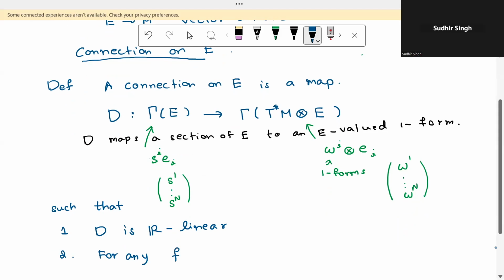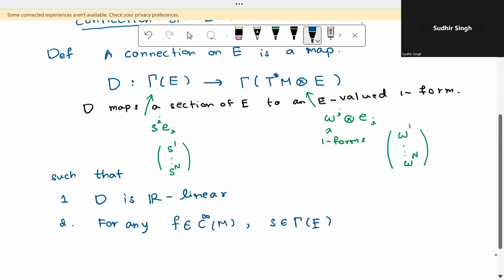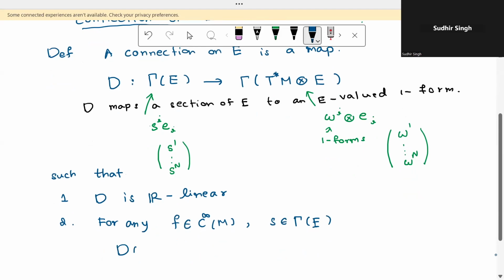If f is a smooth function on M and s is a section of the bundle, then the connection D acting on fs, which is a section of E as well, follows this product rule: it is the differential of f on the manifold tensor the section, plus f Ds.